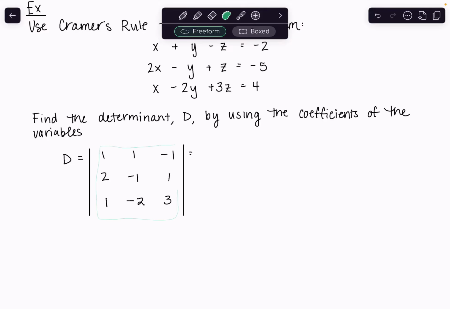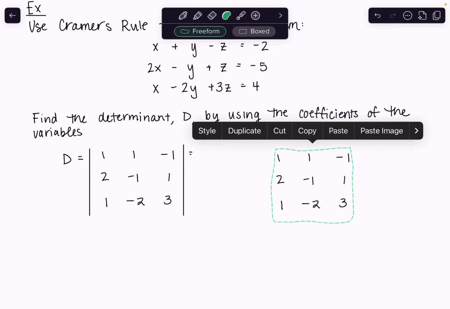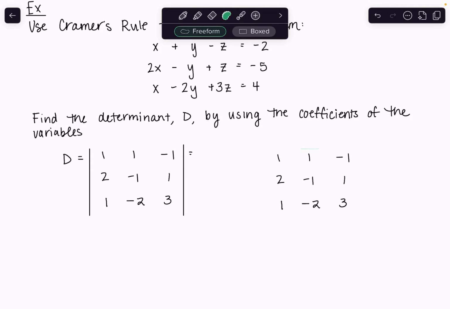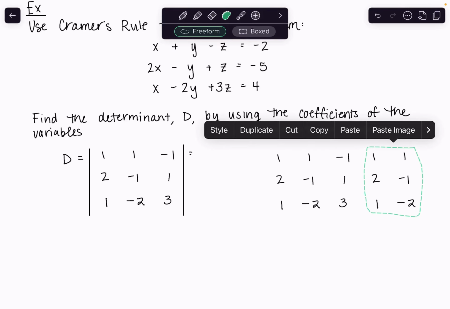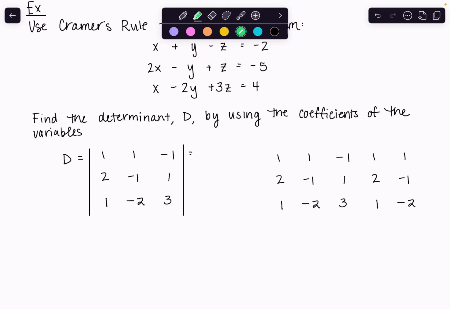So again, for a 3 by 3 system, I go ahead and I copy my matrix down, and then I copy those first two columns again. Okay. Then I want to go ahead and I want to multiply my main diagonal.